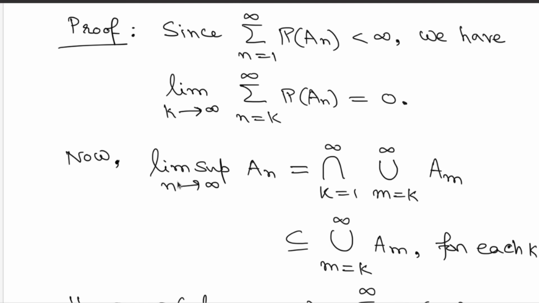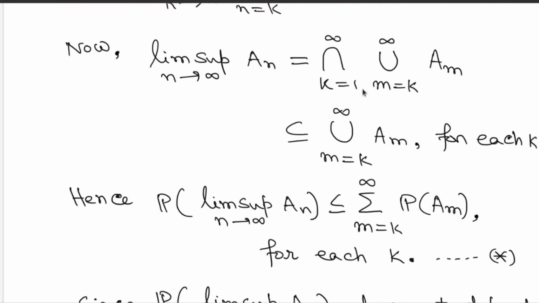Now look at the limit superior and recall the definition. This is an outer countable intersection over K, and inside you have a union from K to infinity of the sets An. First you look at this union and then look at intersections of those. But if you look at this outer intersection, you can immediately claim that for each K, the limit superior of An is a subset of this countable union from K to infinity.